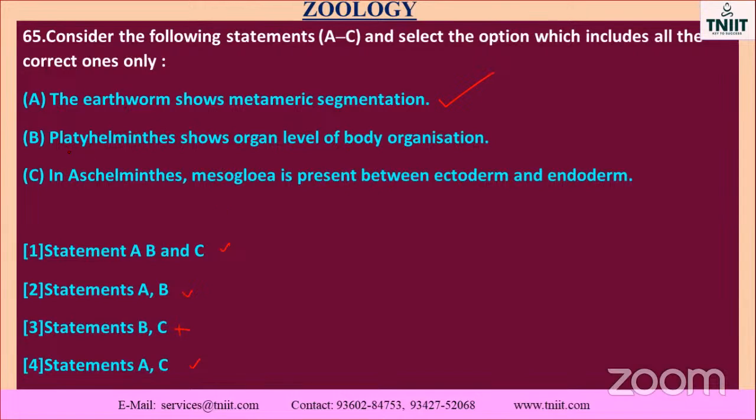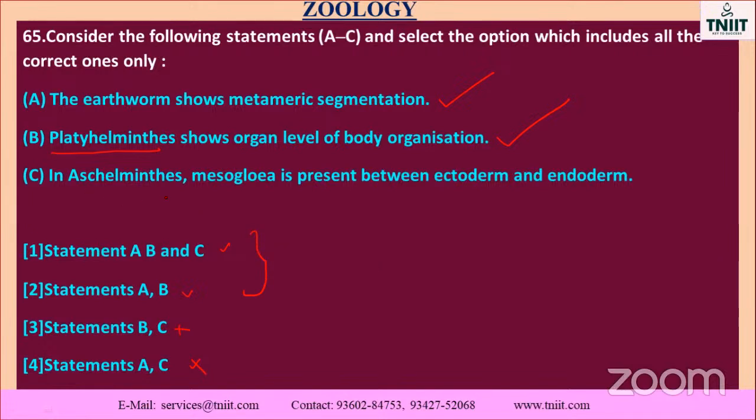Platyhelminthes show organ level of body organization. Yes, so B will come and C will not come. So the answer will be A and B only.